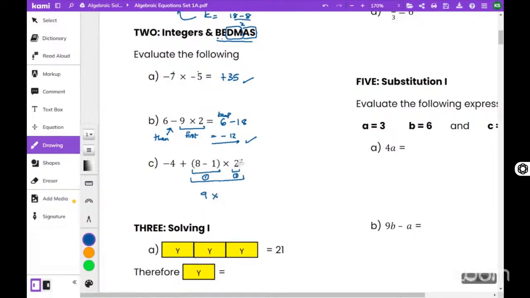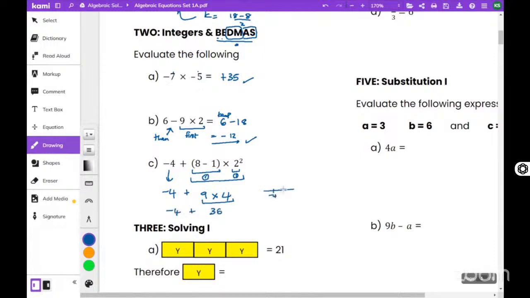Okay, and 2 squared is 2 times 2, which is 4. And then plus negative 4, we just rewrite that part there. Now we're still in the multiplication zone. We can't even get to the addition yet, so we still have to address this multiplication first, which is 36. And negative 4 plus 36, remember the number line.